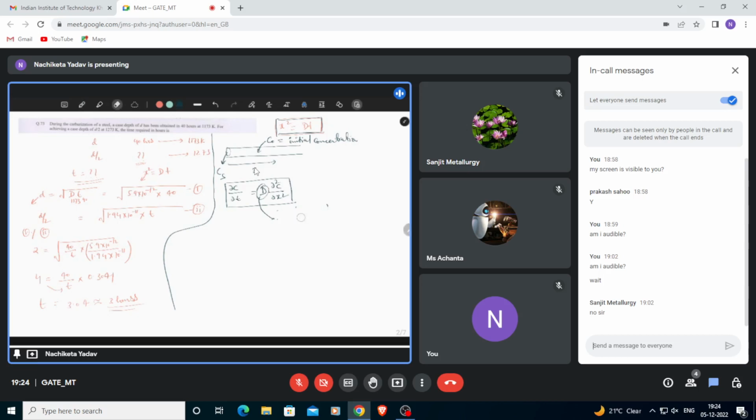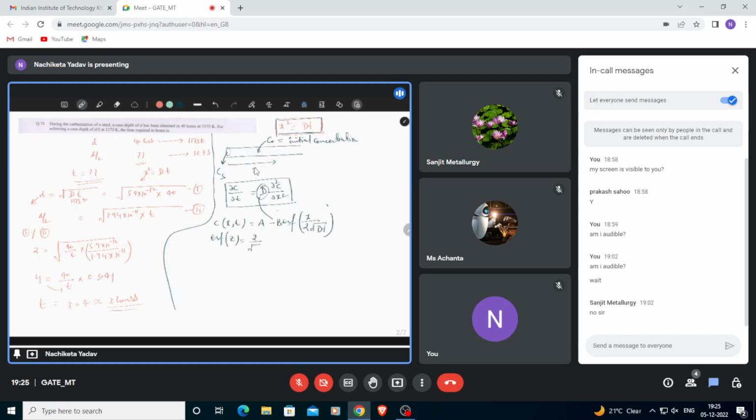So what will we do? C is a function of x and t: A minus B times error function of x by 2 square root of Dt. And we know the error function of z.